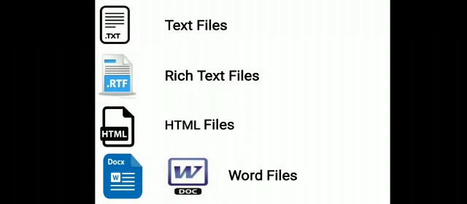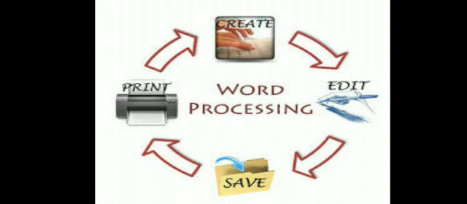And the last one is docx and doc, that is a Word file, extension .doc and .docx. So these are the multiple types of files a word processor can create. Some word processors are available to create, edit, save and print documents. Now we will see how to create a document.